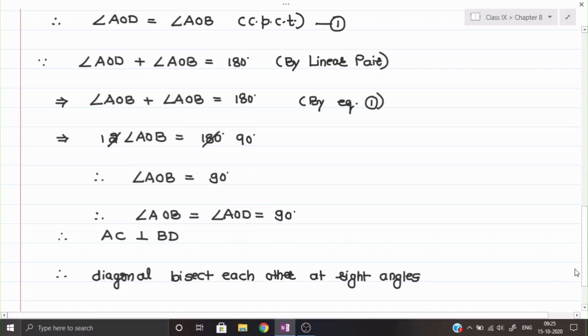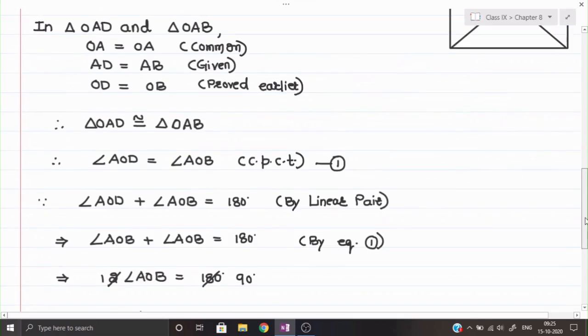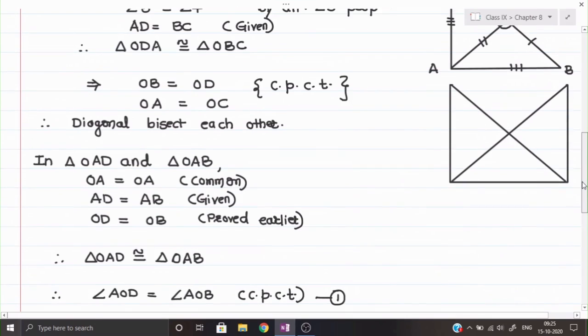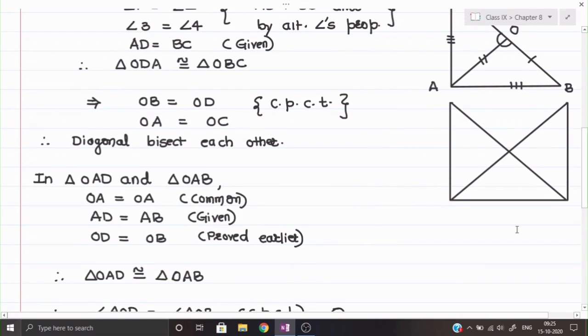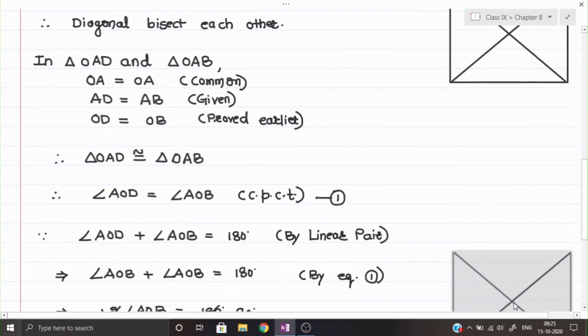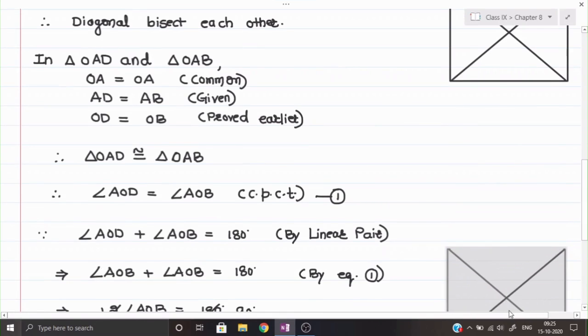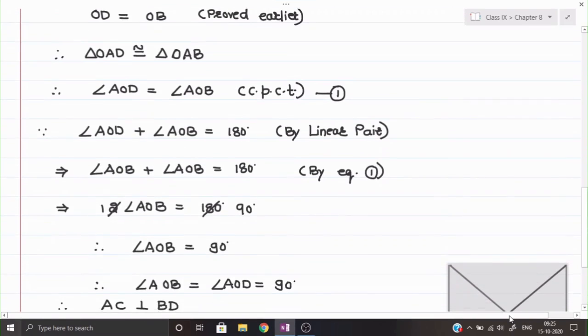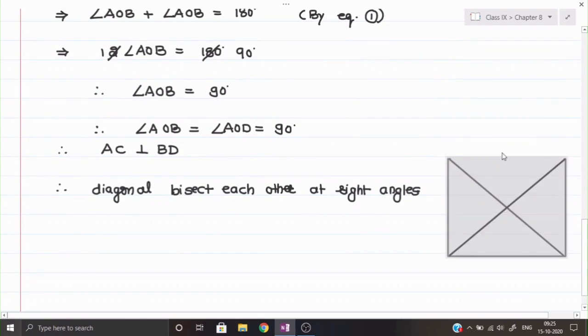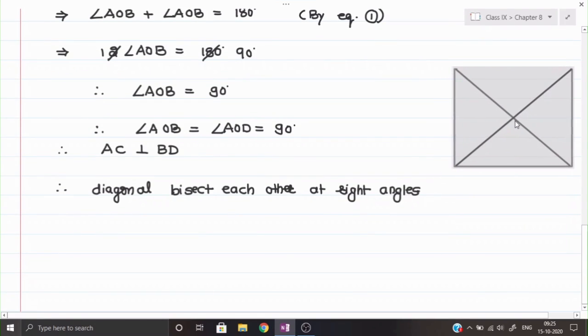Let us take the last part. In the last part, now I am taking this figure. This figure I will take a little bit down. First of all, we shall take this figure at this place, and first I will give the name.